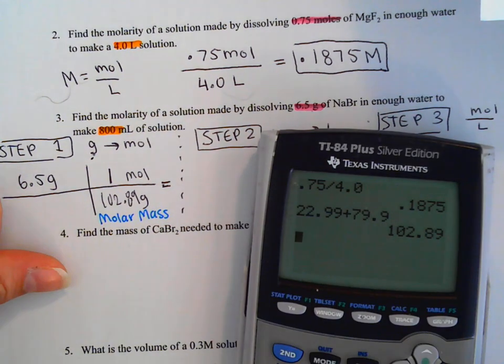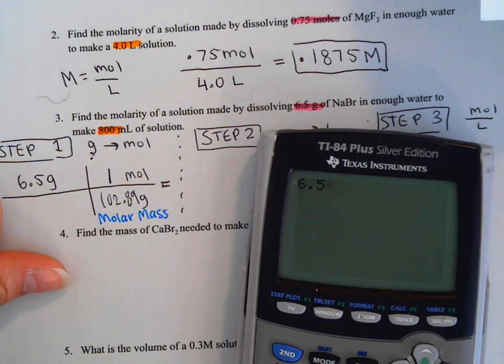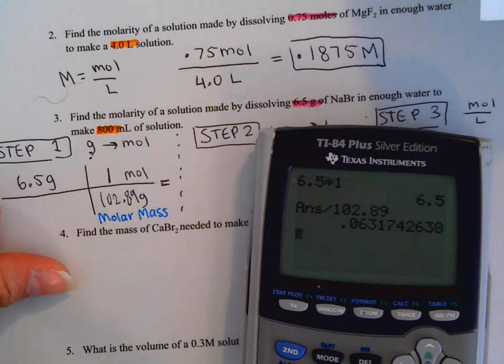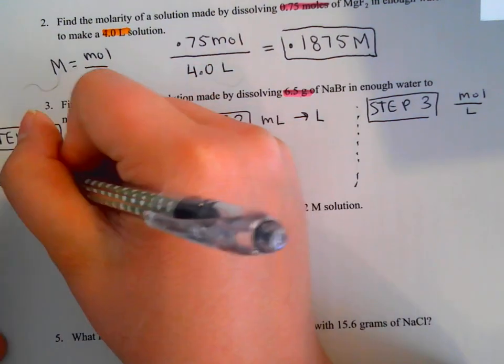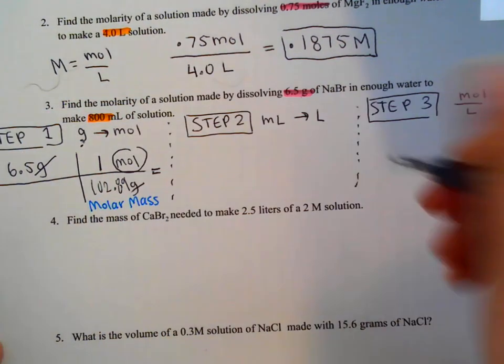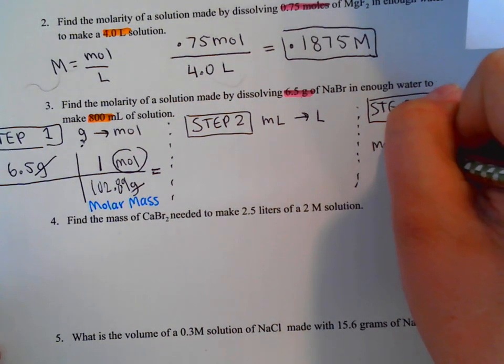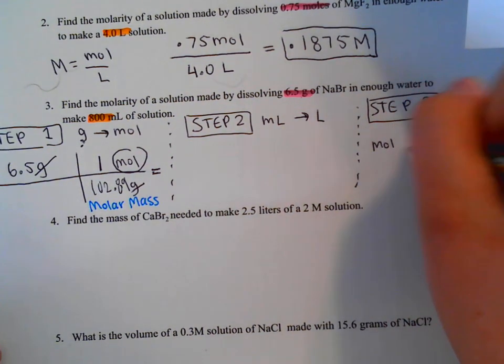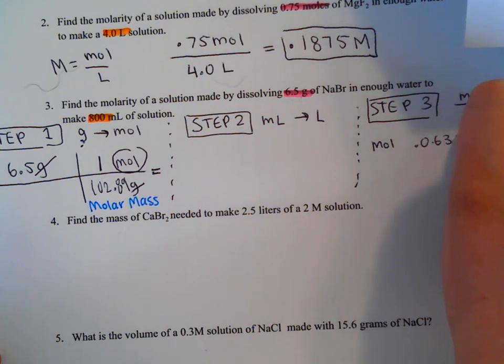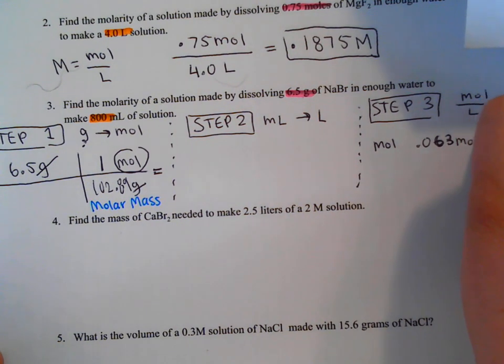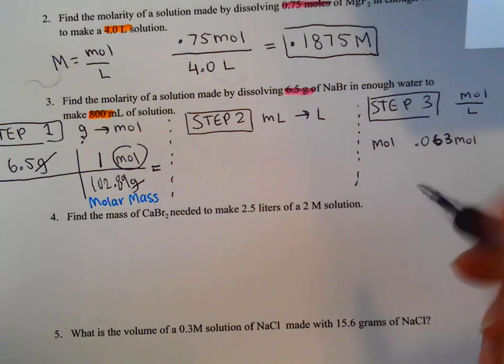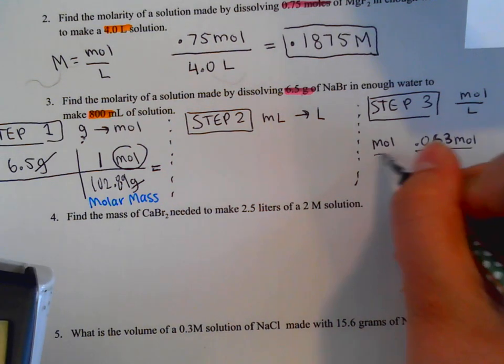I'm going to place my 6.5 times 1, and then divide by 102.89 to get my answer. The unit that we have is moles. We have 0.063, and I'm going to round that. I'm going to leave this because in just a second I'm going to divide it by my liters.